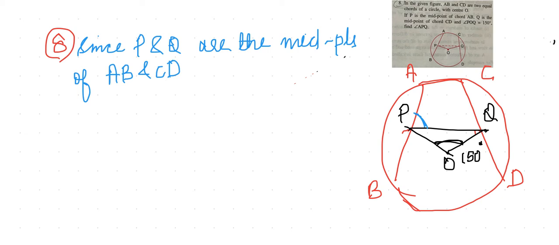It is understood that this particular line OP will be perpendicular, because the line from the center which bisects the chord is perpendicular to the chord. This is what is the theorem. Okay, so what you will be writing, therefore OP is perpendicular to AB and OQ will be perpendicular to CD.